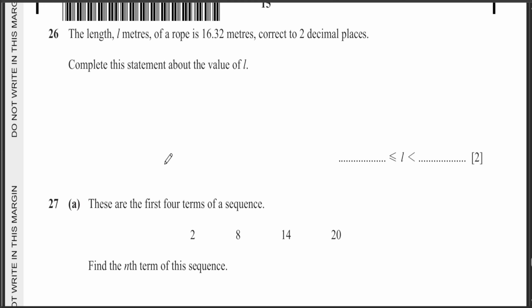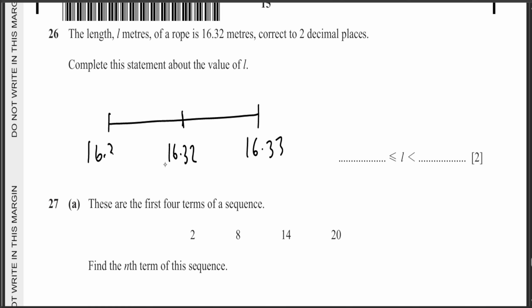Okay, the length L meters of a rope is 16.32 meters, correct to 2 decimal places. Complete the statement about the value of L. If I assume this is 16.32, and let's assume there's another number 16.33 and another number 16.31.